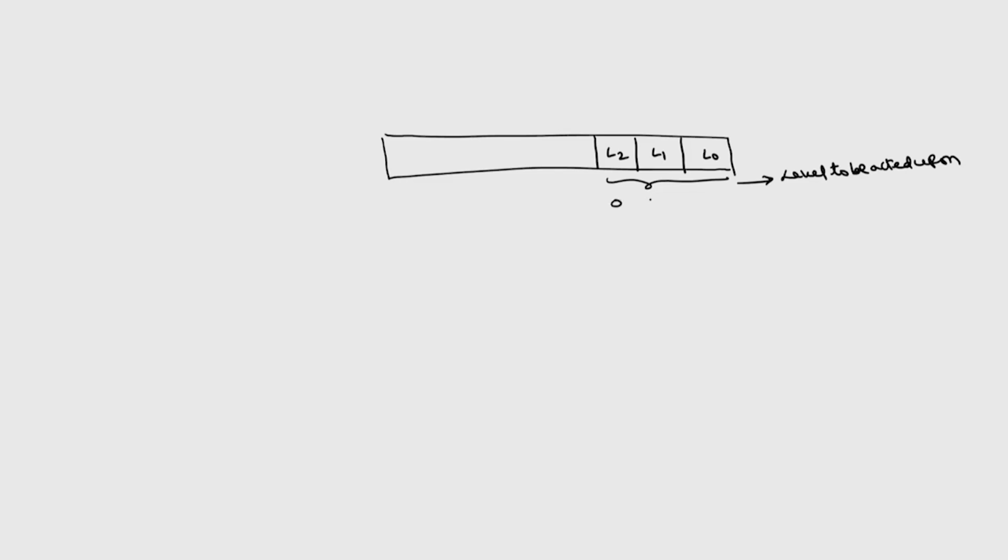So if this is 0, 0, 0 by default, IR0 level will be used; 0, 0, 1 is IR1 and so on, up to 1, 1, 1 which means IR7. Then the next two bits are 0, 0 by default, we are not going to use these.